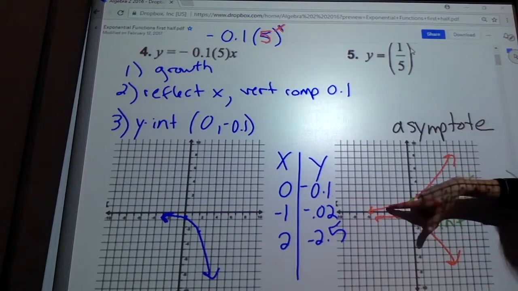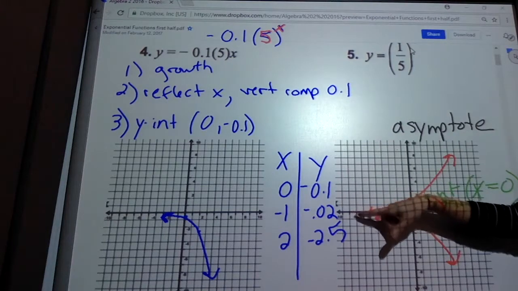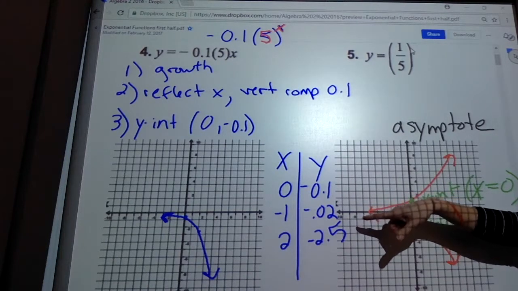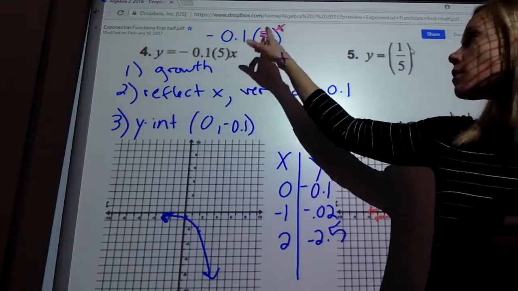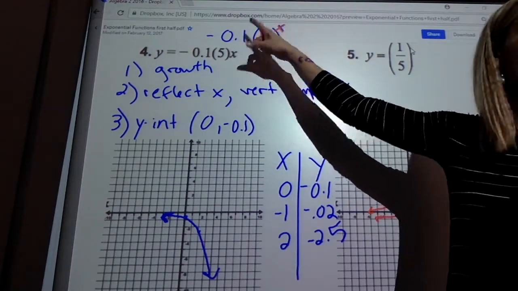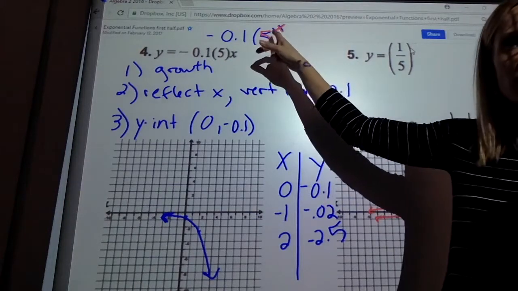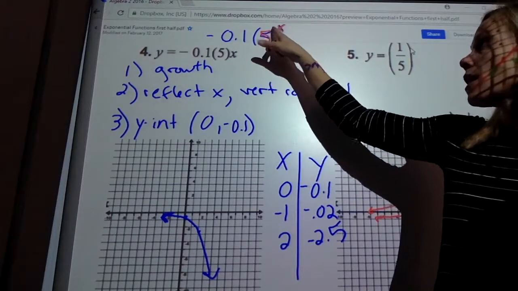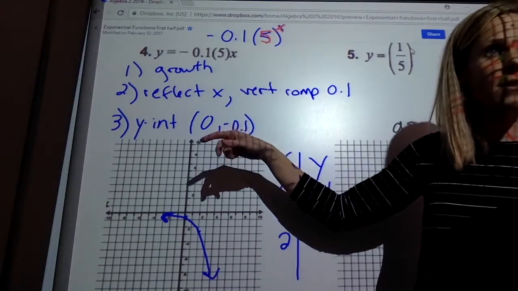So if I go this way with the arrow, I'm going to get closer and closer to the x-axis, but I will never touch the x-axis because my function will never equal 0. There is no number that I can put in for x that's going to make this equal 0. Impossible, because anything to the 0 power is 1. So there's no x value that makes this 0. So you will never touch the x-axis.